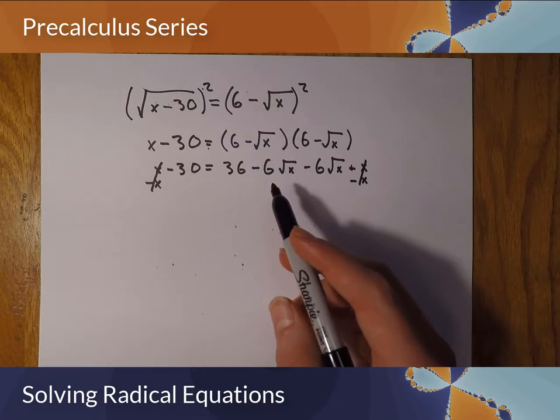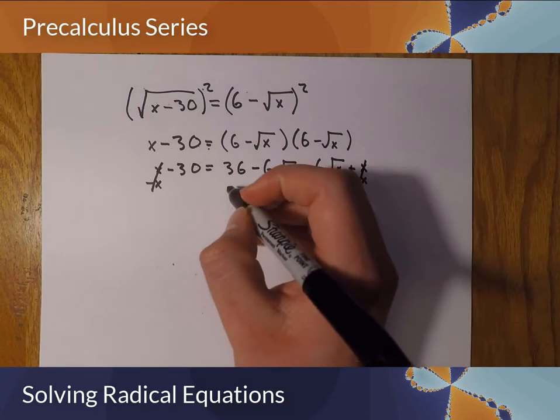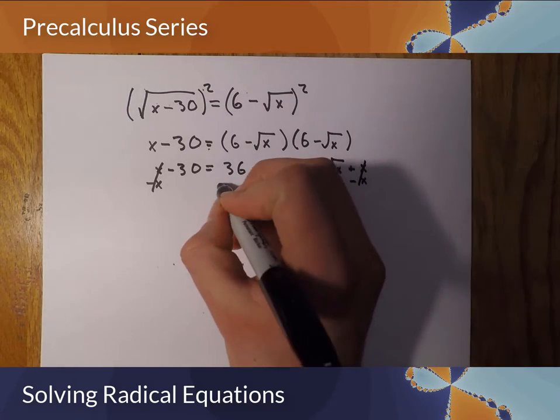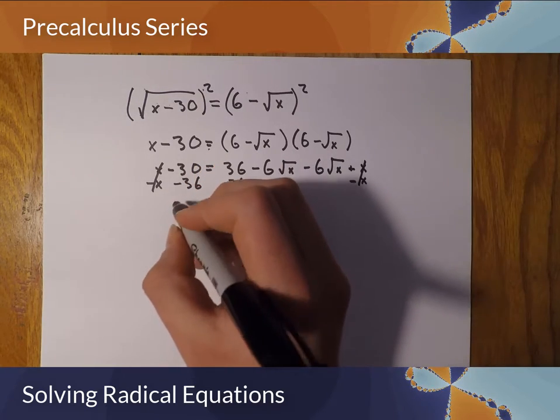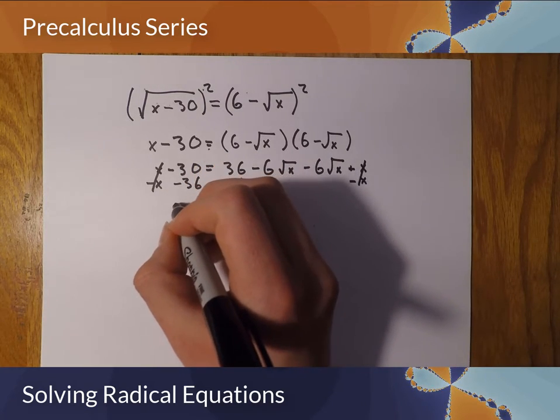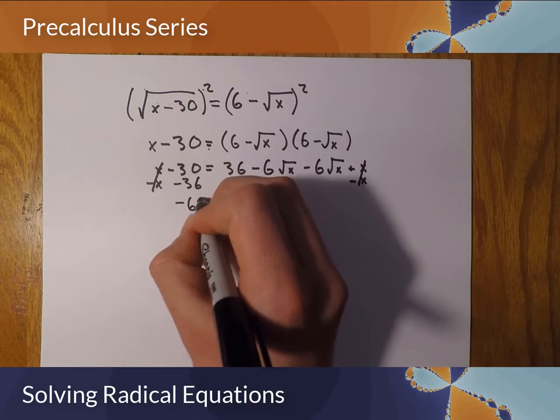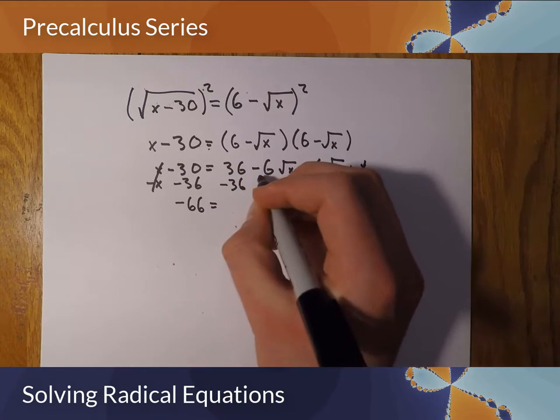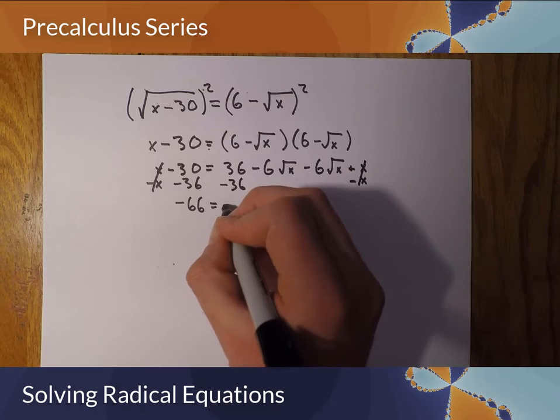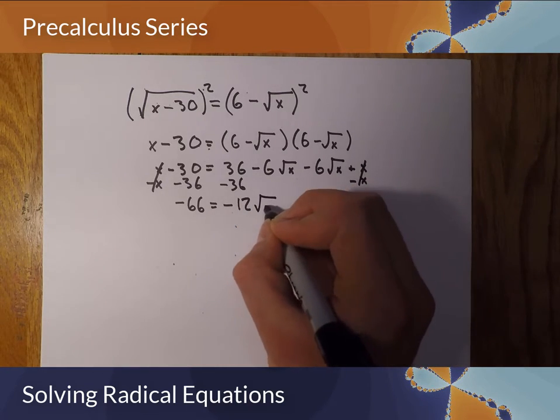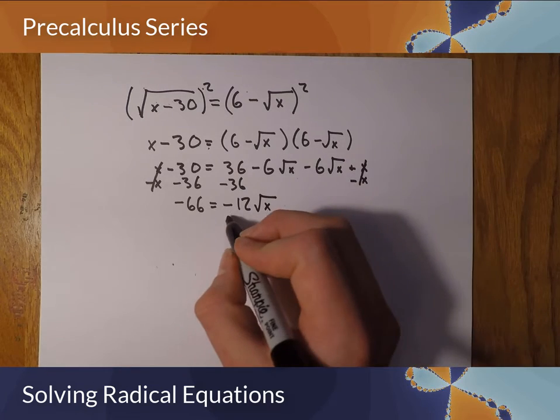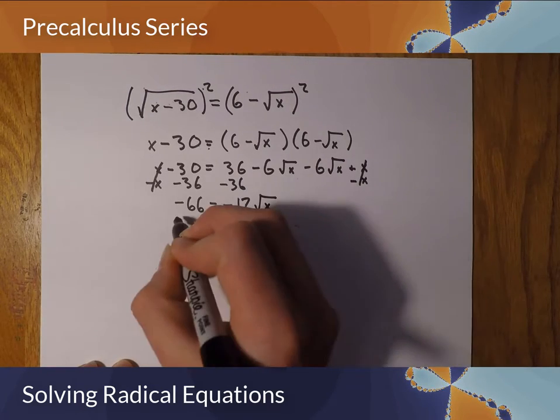And so now you want to subtract both sides by 36. And so now we have negative 66 equal to, and then we can just add these two together, negative 12 root x. So then we can divide both sides by negative 12.